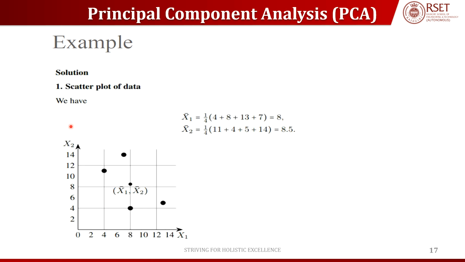The graph on this slide is a scatter plot of our original data points, and the point x1 bar comma x2 bar, or 8 comma 8.5, marks the center of our data. This center point will be the origin of our new principal component coordinate system.